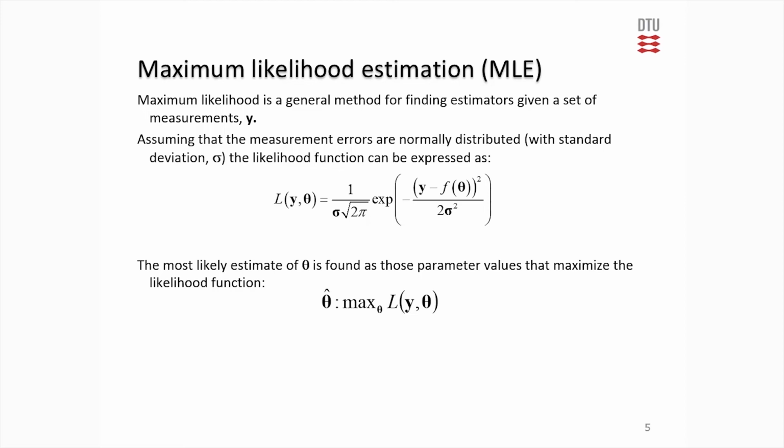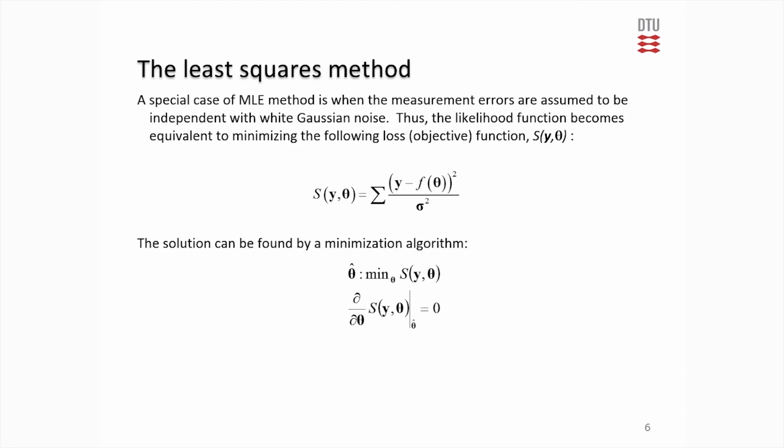Numerically, θ hat is found by a search algorithm that maximizes the likelihood function. The least squares is a special case of the maximum likelihood estimation method. In the least squares method, the measurement errors are assumed to have white Gaussian noise, in other words, that the mean is zero, and that they are identically, independently distributed.